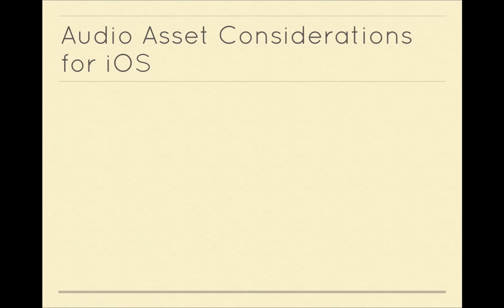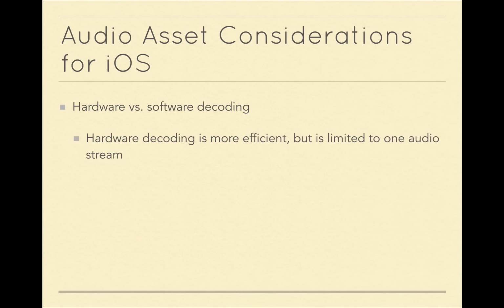So there are several different considerations I want to walk you through when you are creating audio assets for iOS and for mobile in general. There's hardware versus software decoding, and this is how the device plays back the audio files inside an app.